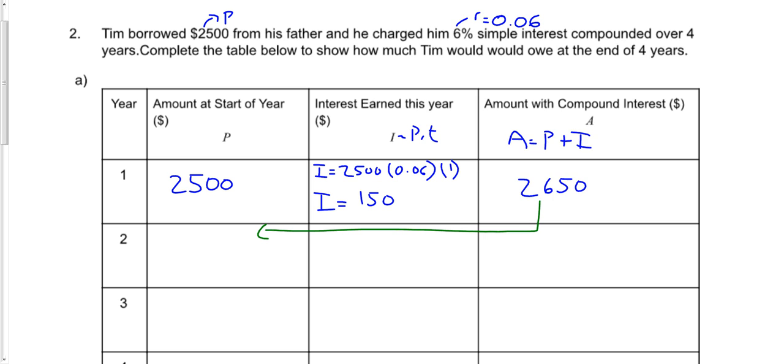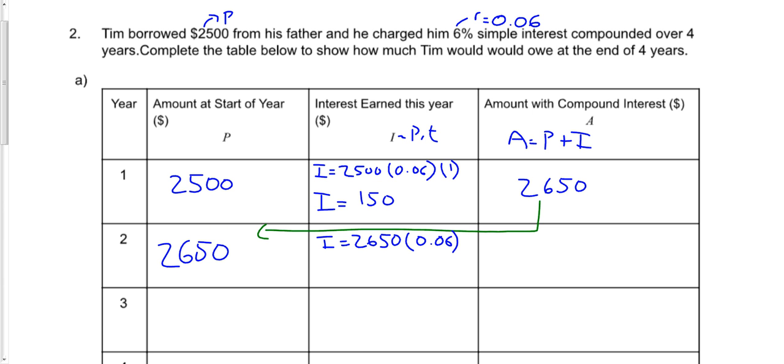So in year 2, instead of starting with a borrowed amount of 2,500, he actually starts with a borrowed amount of 2,650. And then we calculate the interest on 2,650. The interest is going to be 2,650 times the same interest rate, because they didn't change the interest rate.